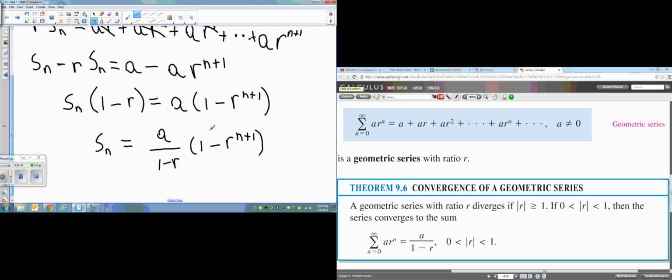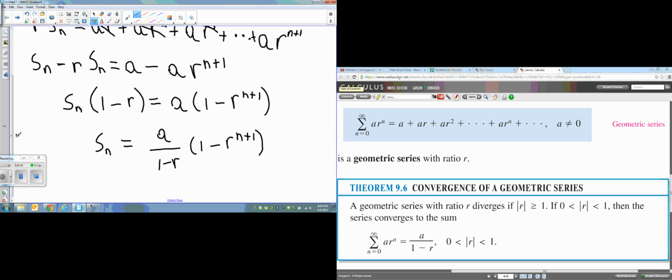So this would be a way of describing the nth partial sum. If I know r and a, I can find the nth partial sum by just plugging n in. I can find the fifth partial sum by just plugging in a 5. All right, so this is the nth partial sum.